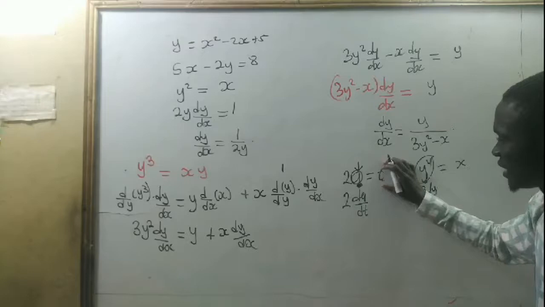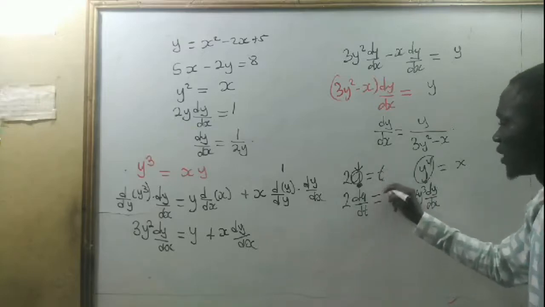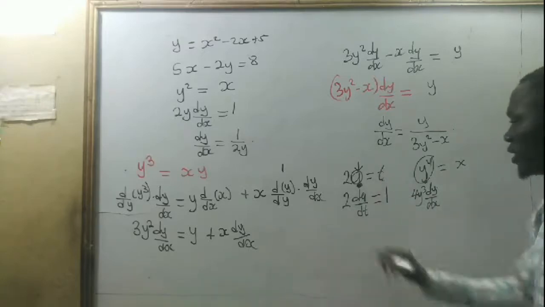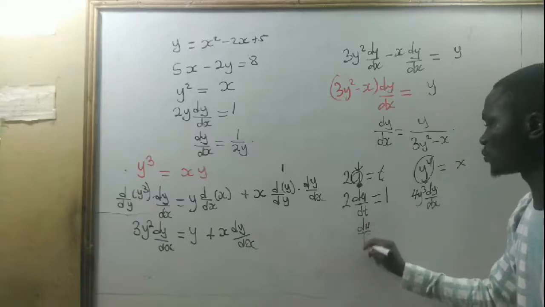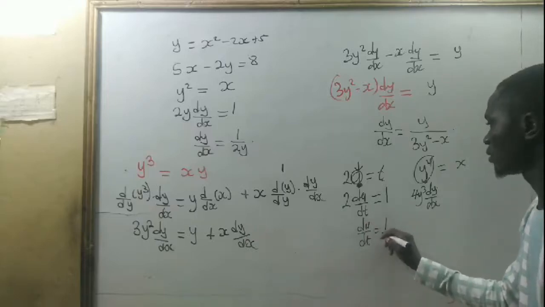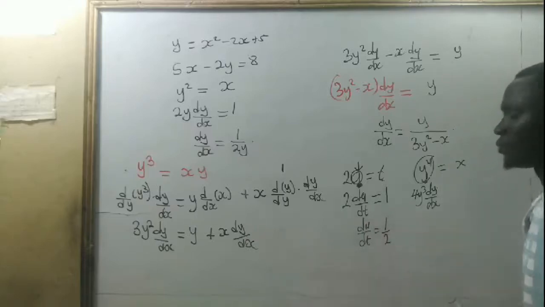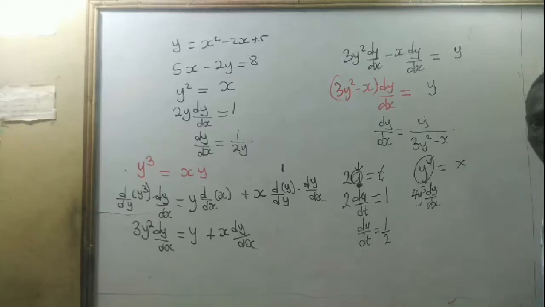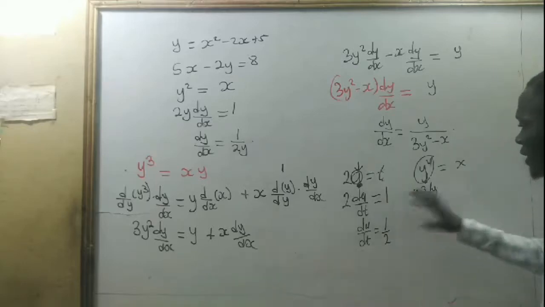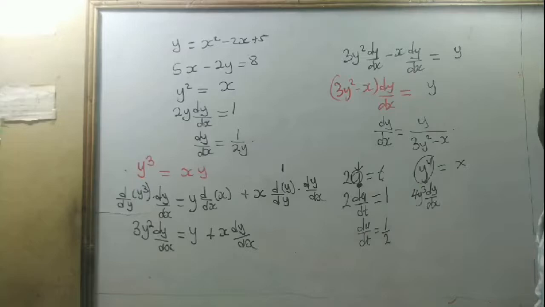And here if I differentiate t with respect to t, I'm going to get 1. So here, the derivative of a with respect to t will give me 1 on 2. Very simple as that. I did this to emphasize the understanding.